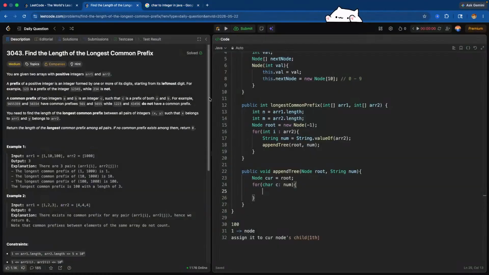Get numeric value, or I can minus it with '0'. And I is c minus '0'.